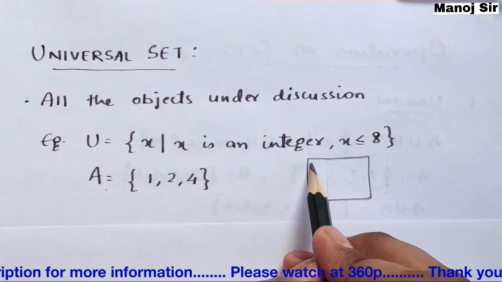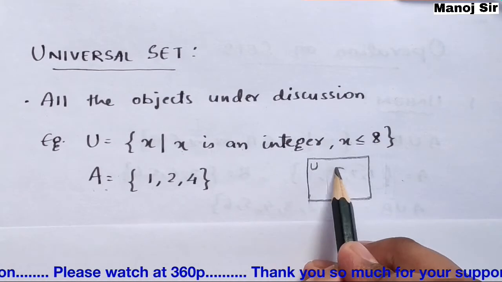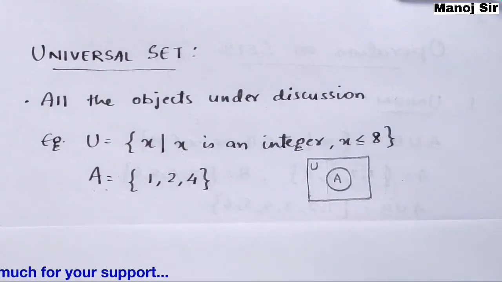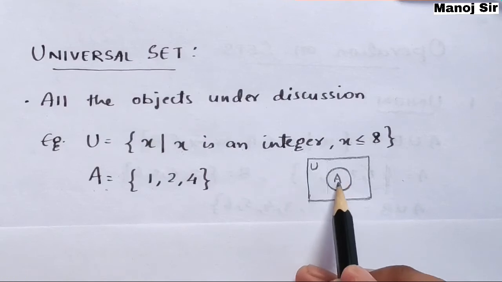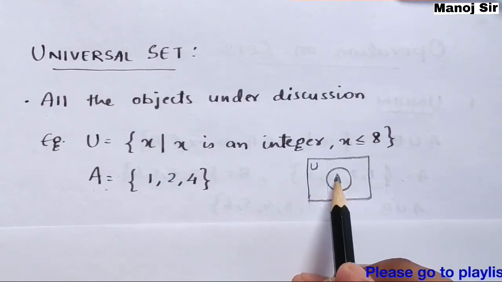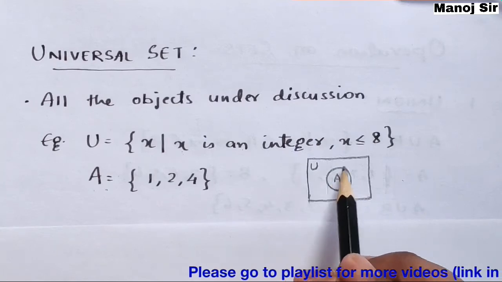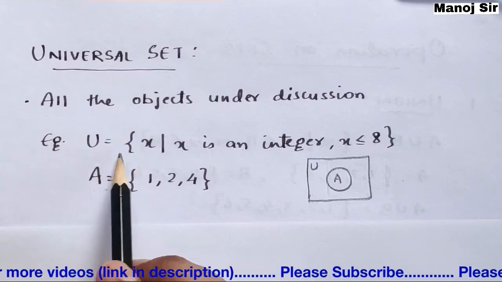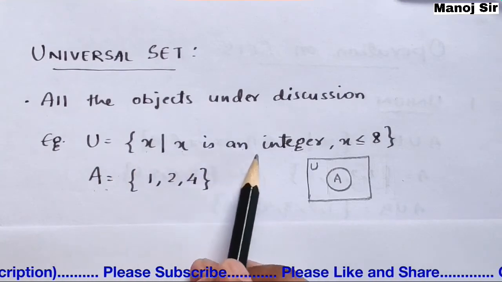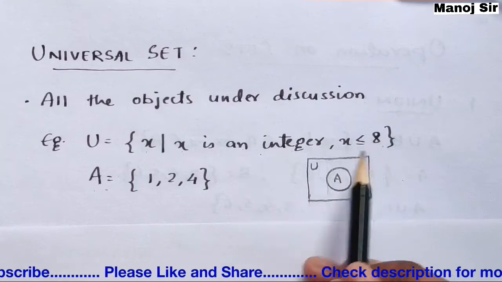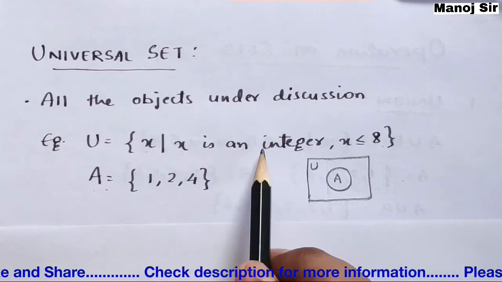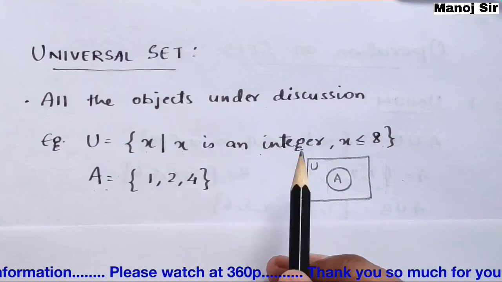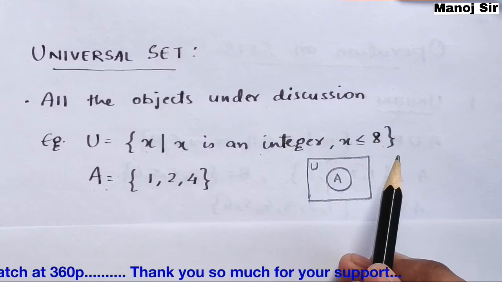This is my universal set U. Let's suppose here we have a set A, so 1 to 4 comes in this set A, and apart from this all the other numbers come under U. In this example, U is equal to {x such that x is a positive integer less than or equal to 8}. Then the value of x goes from 1 to 8, that is 1, 2, 3, 4, 5, 6, 7, 8.